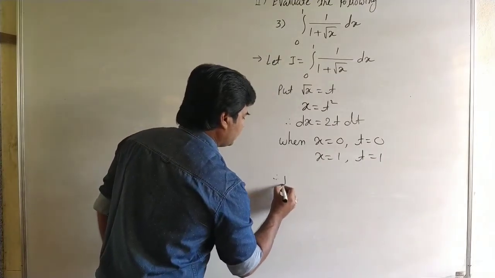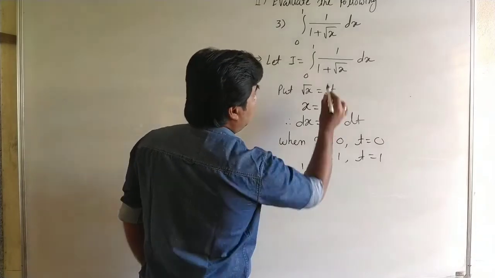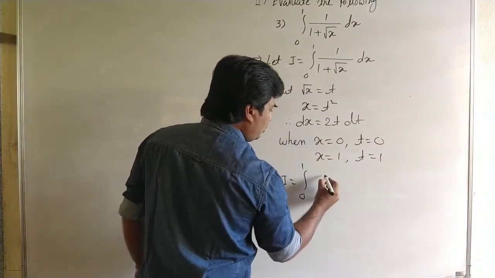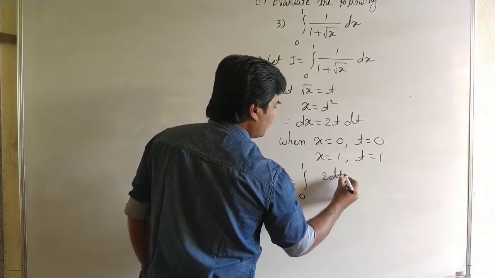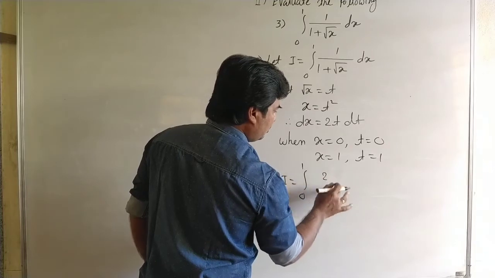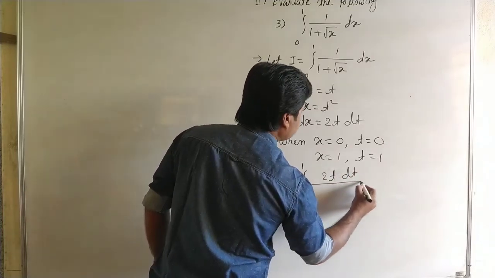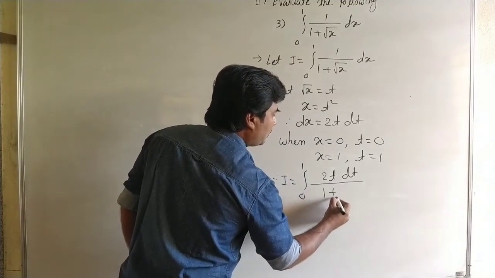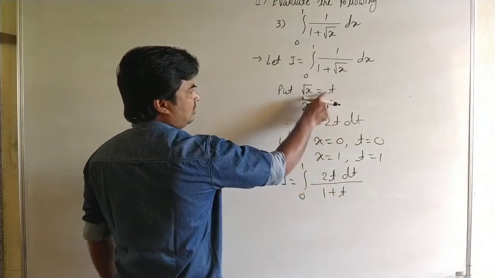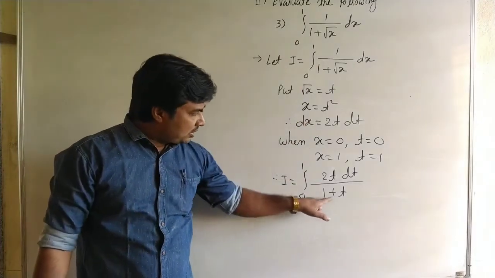Now integral 0 to 1, dx is equal to 2t dt upon 1 plus t, since under root x is equal to t. Therefore, it is 1 plus t.